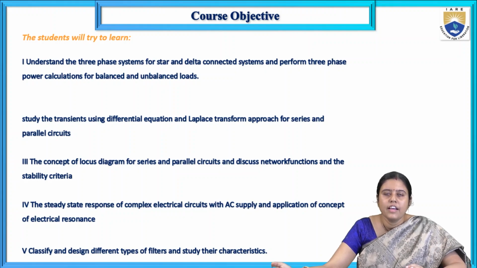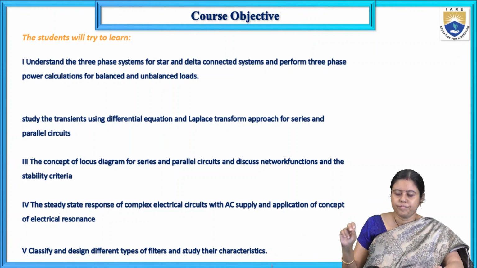they will learn. They will learn the steady state response of complex electrical circuits with AC supply and the application of the concept of electrical resonance. And last of all, it will discuss the different types of filters and their characteristics.